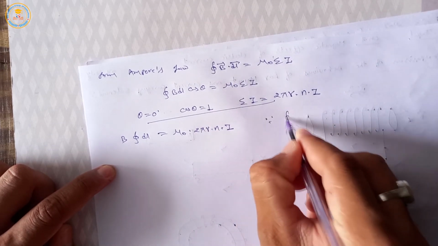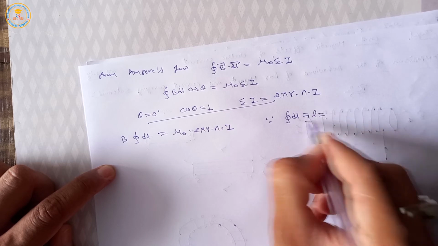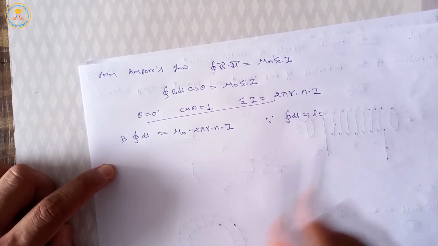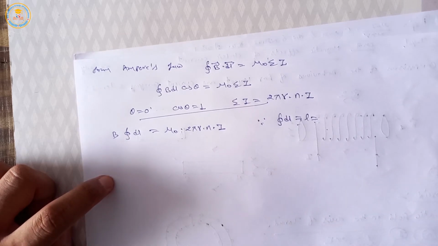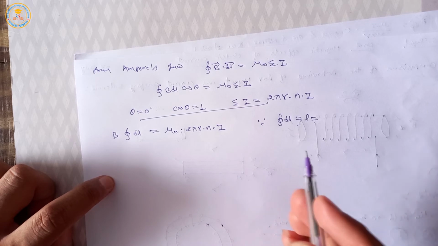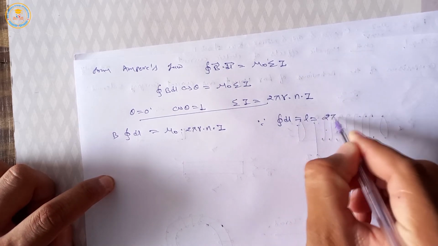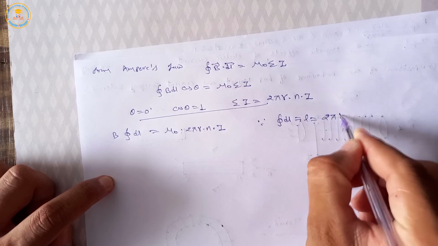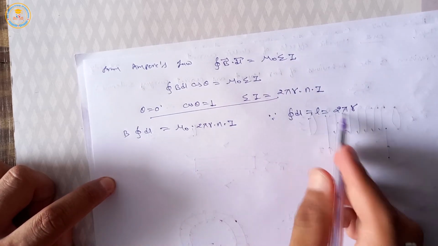Since the value of the closed integral of dl is equal to L, and L is equal to the circumference of this toroid, this circular ring. If the radius of this ring is small r, then the circumference of this circular ring is 2 pi r. Then put the value of the closed integral of dl equal to 2 pi r.